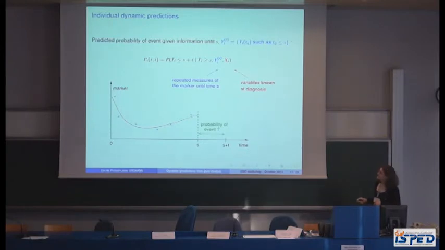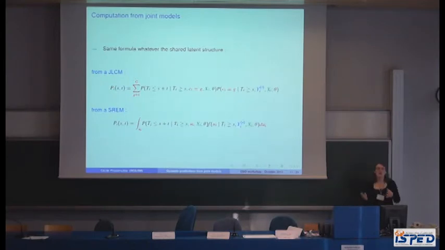This information is the information at time 0, which are the variables we know such as the diagnosis, and the biomarker repeated measures until time S. Those are the repeated measures at different times of measurement, those times being lower than the time of prediction.